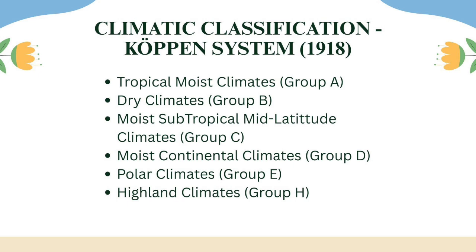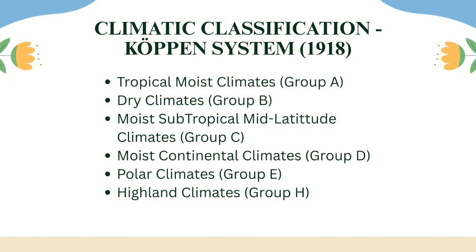Letter D is the moist continental climates, with warm summers and cold winters. For letter E, we have the polar climates, extremely cold with ice or tundra. And last but not the least, we have the highland climates that vary with elevation.